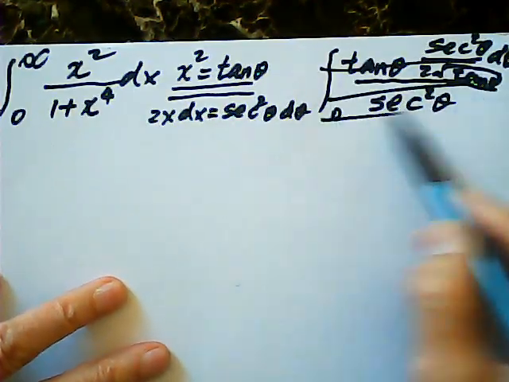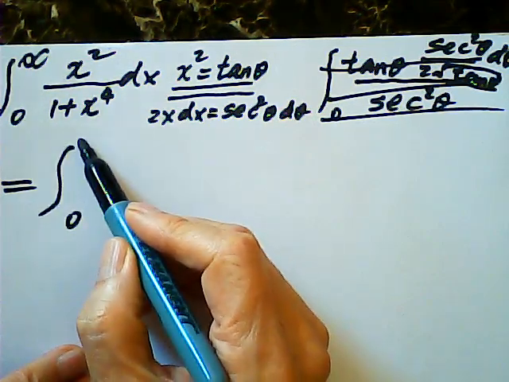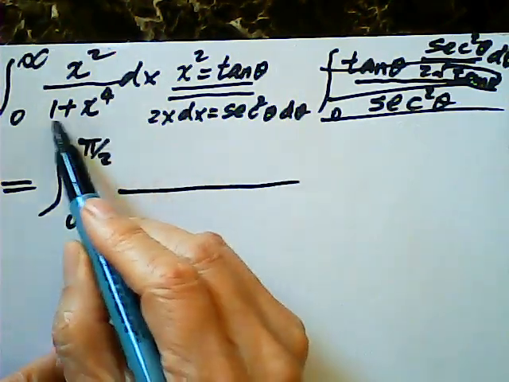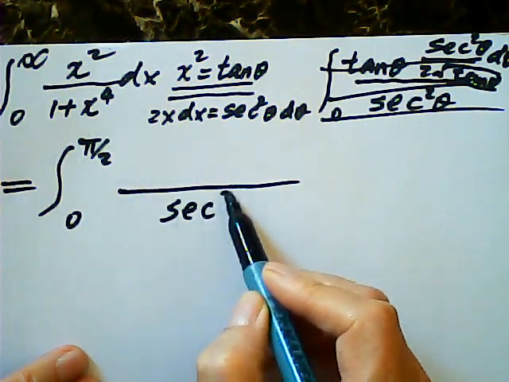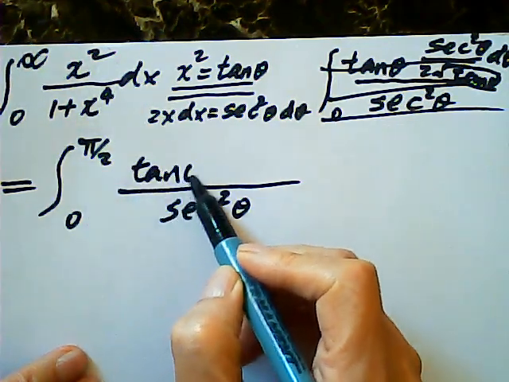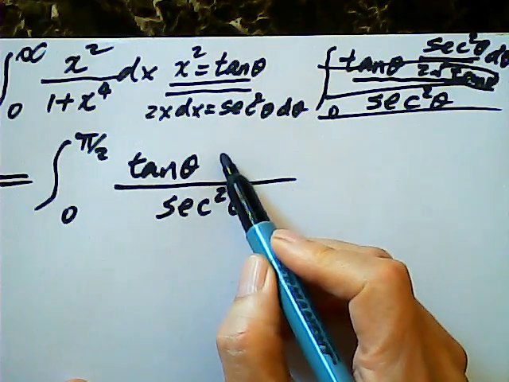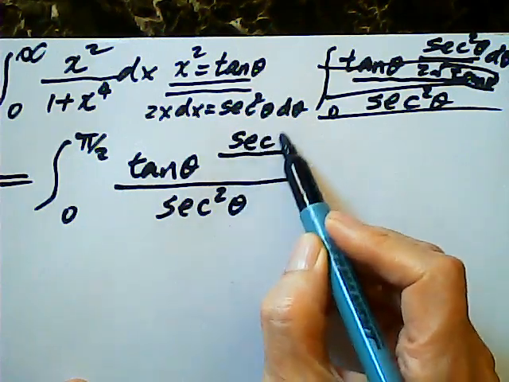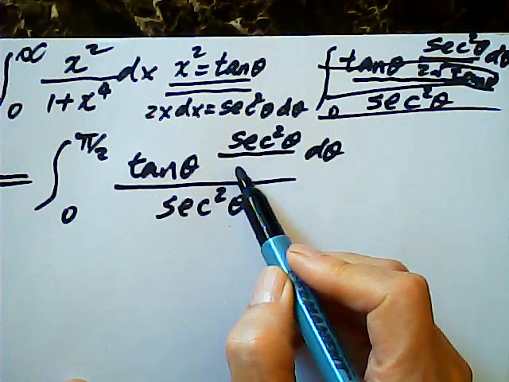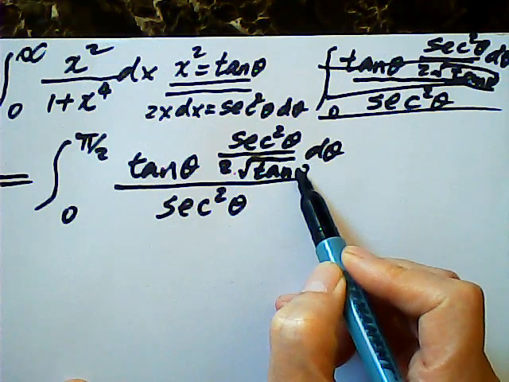Now let me write another line. This one is equal to the integral from 0 to half pi of secant squared. X squared is tangent theta, dx is secant squared over 2x. So secant squared d theta over 2x, which is 2 square root tangent theta.